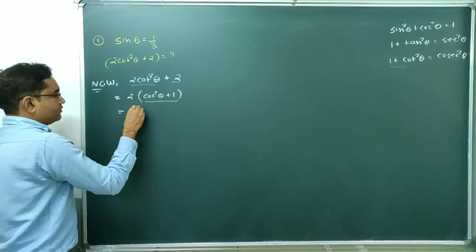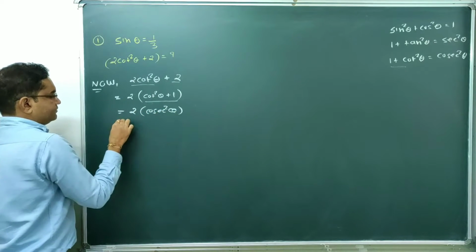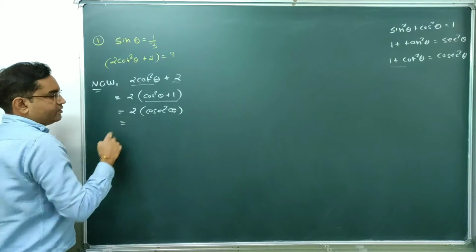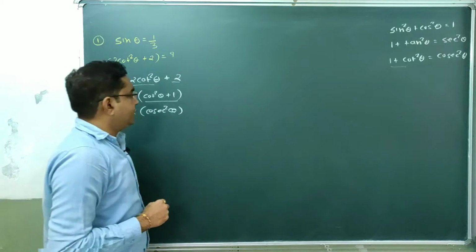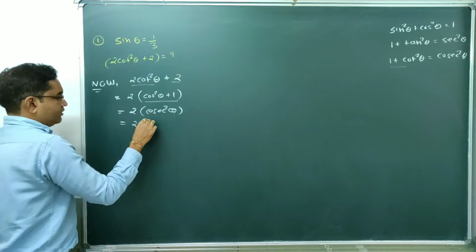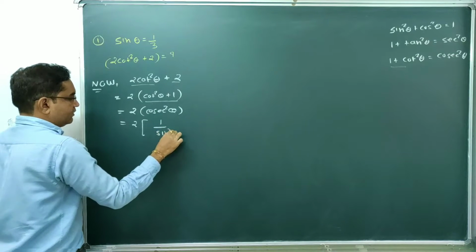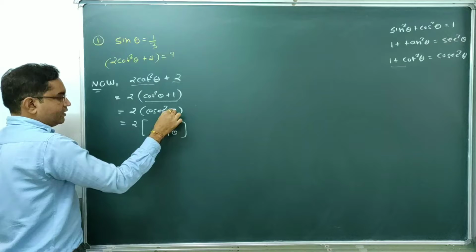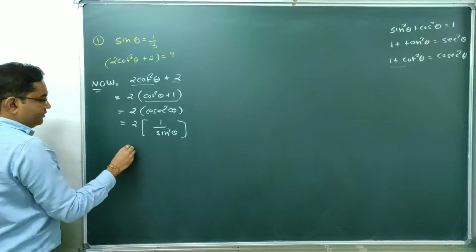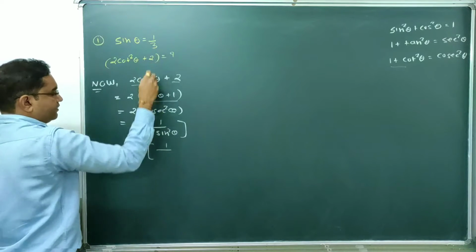Put these values. So it's 2 into cosec square theta. Now we are given sin theta and here it is cosec theta. We know that sin theta is the reciprocal of cosec theta, so cosec square theta is nothing but the reciprocal of sin square theta. Replacing, cosec square theta is 1 upon sin square theta, and sin theta is given as 1 by 3.